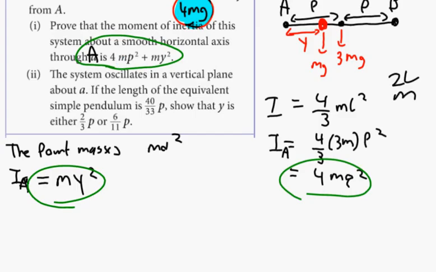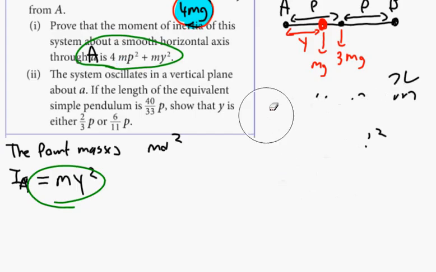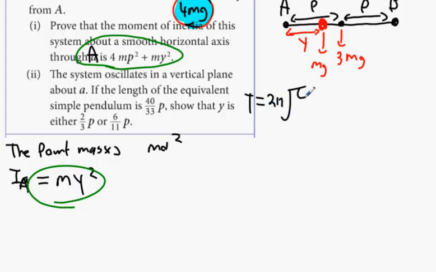Okay, so we'll just get rid of this for a minute. Now, the language of the question leads me to believe that I'm going to have to use T equals 2 pi root L over g for the simple pendulum. That's just to give me the answer. The simple pendulum is 40 over root 33p.